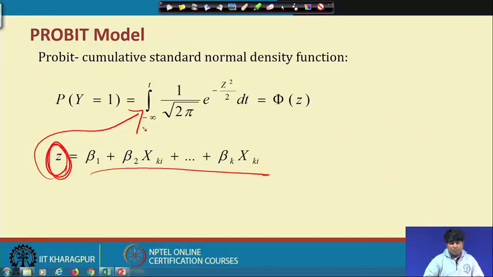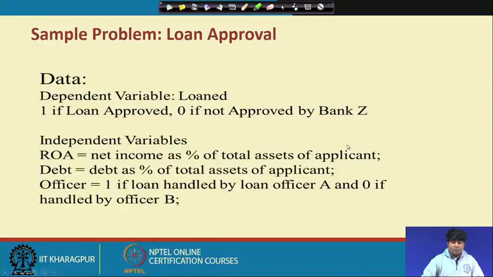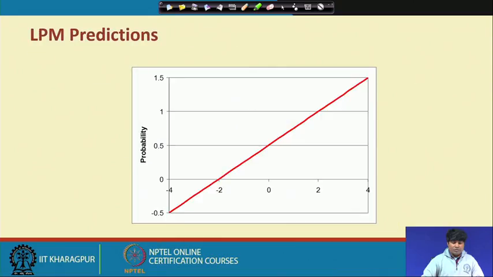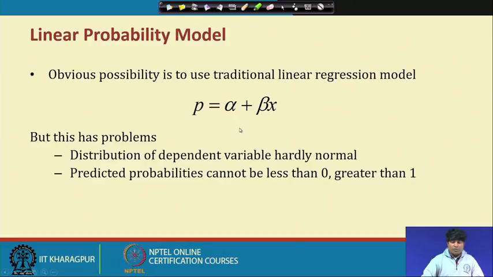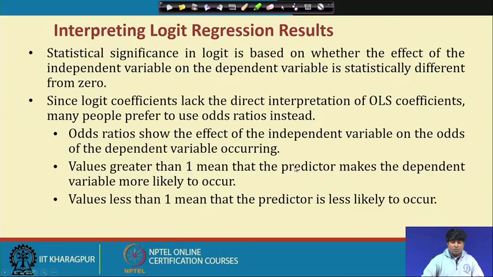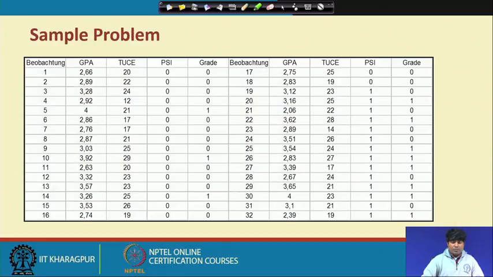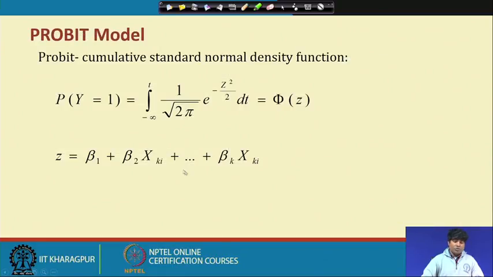Once you get this structure, you have to connect it with the problem requirement or the prediction requirement. If you go through the structures, this is the linear probability LPM structure, then this is the logistic structure, and finally the probit structure. In every case the right hand side is more or less similar.